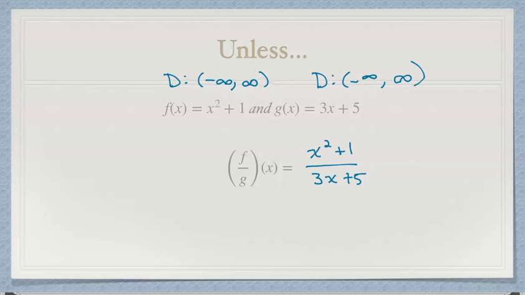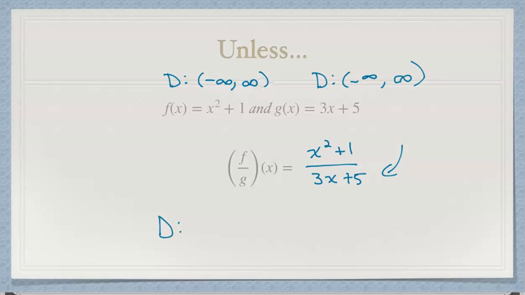But when I combine them with division, all of a sudden I've created a problem because I have something in the denominator. When I put something in the denominator, I am creating a situation where I could divide by 0. So I have to say that the domain of my new function, I'll write it in two notations.